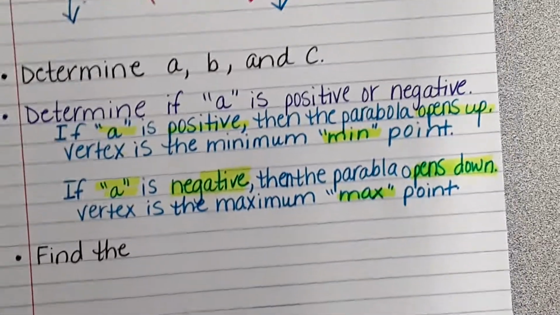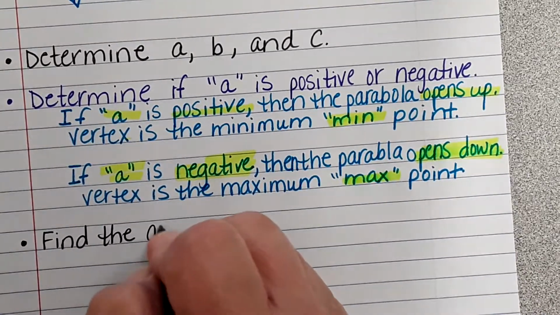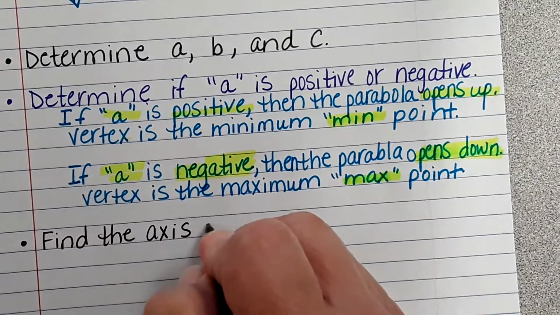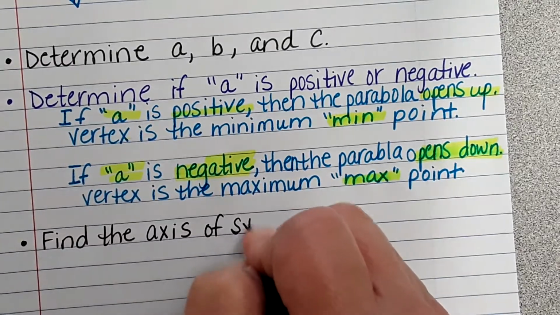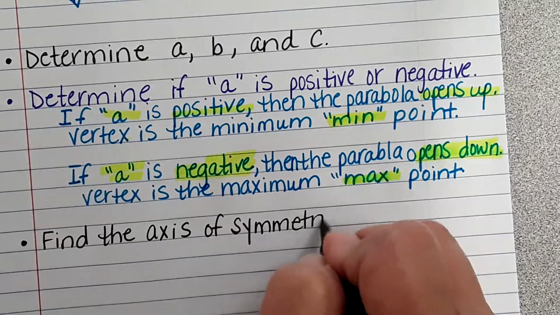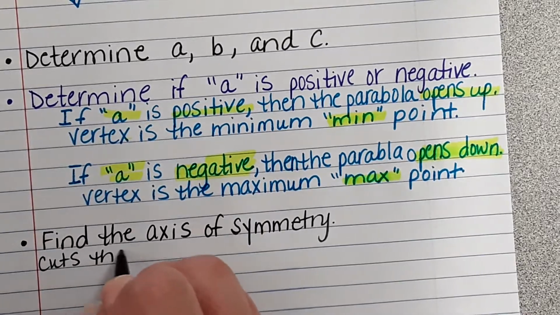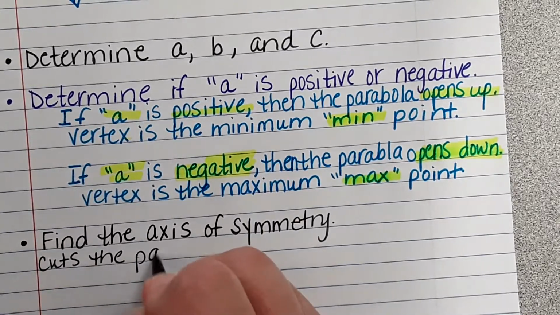Okay, the third step is to find the axis of symmetry. The axis of symmetry cuts the parabola in half.